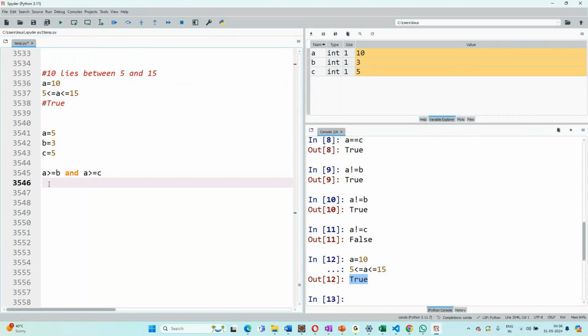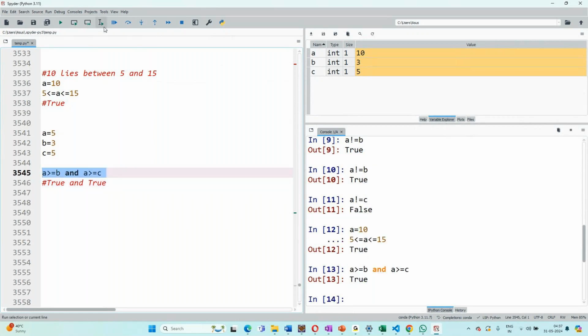A greater than or equal to B is going to be true. And A greater than or equal to C: it is not greater, but it is equal, so this is also true. If true and true meet, the answer will be true. Why true? Because if both are true, I'm going to give true.